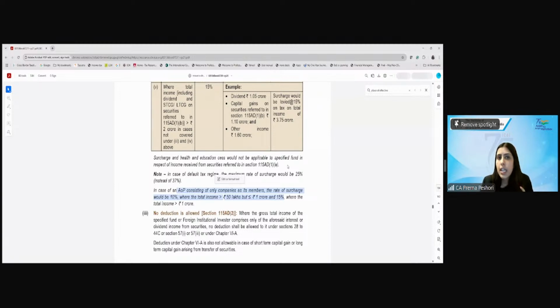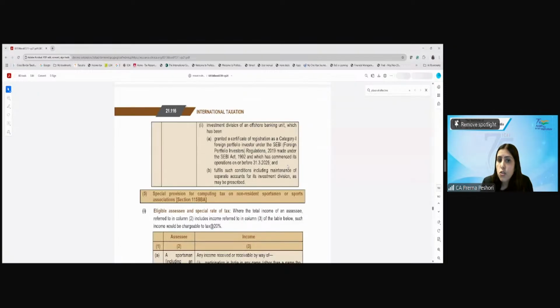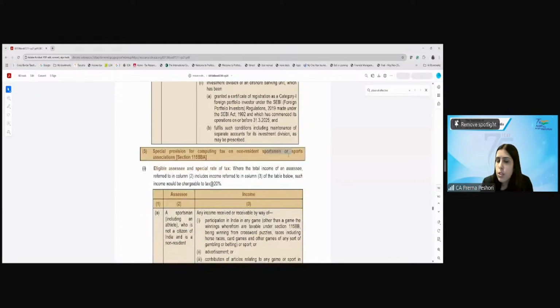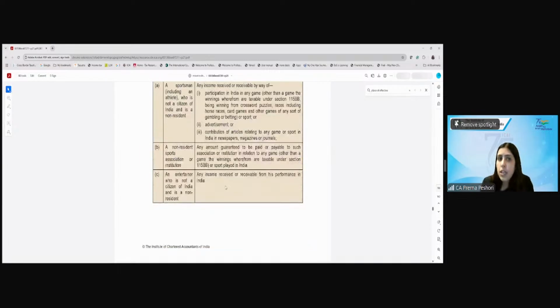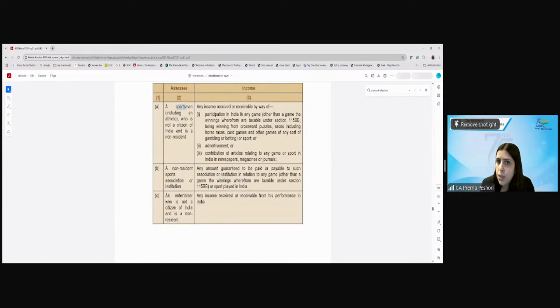Fine. The last section which we are dealing with today is the taxation of the non-resident sportsman or sports association. Here you have a 20% rate in case of income of a sportsman from participation in any game in India, other than crossword puzzles and the like, because that is covered in 115BB. Then income from advertisements.